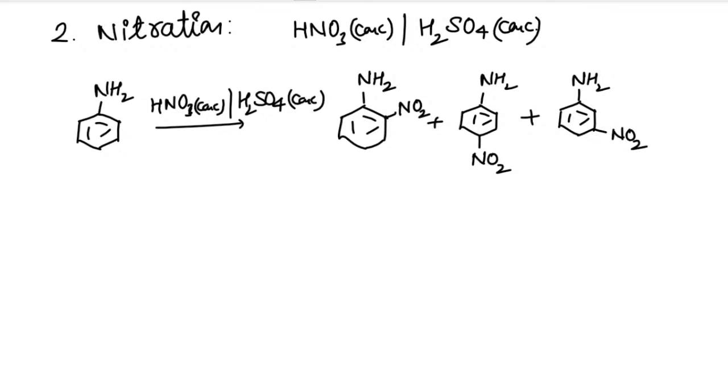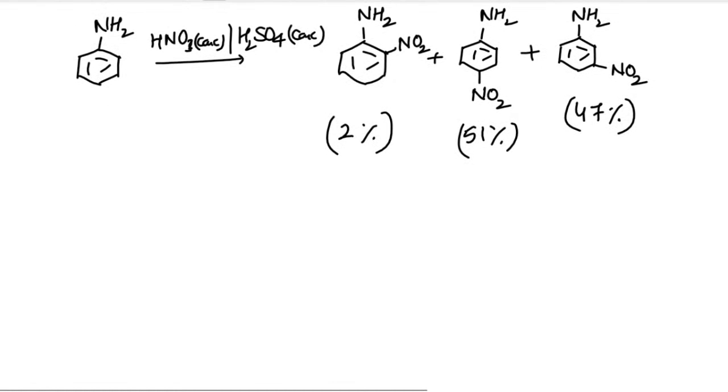See, meta is not in small amount, it is 47%, and para is obviously the major one, that is 51%, and 2% is ortho. Why is meta product formed? Tell me. Can you guess? How do we get meta product?